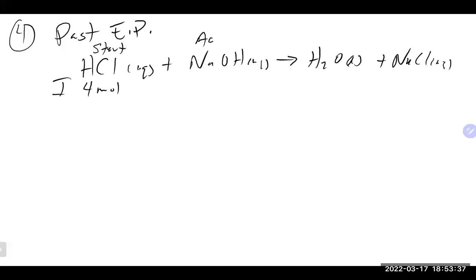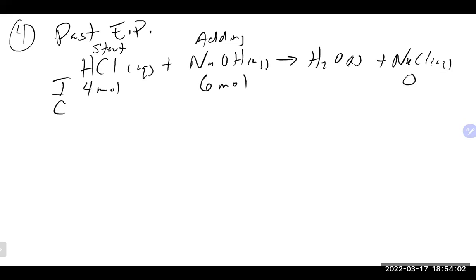Again, I am adding my sodium hydroxide. Now that I am past the equivalence point, should I have less, equal, or more moles of the sodium hydroxide? We should have more, right? Because at the equivalence point, they're equal, and that didn't stop you, so you're just going to keep adding, so you should have more. Again, just randomly making up this number of 6. Seems like a nice number.